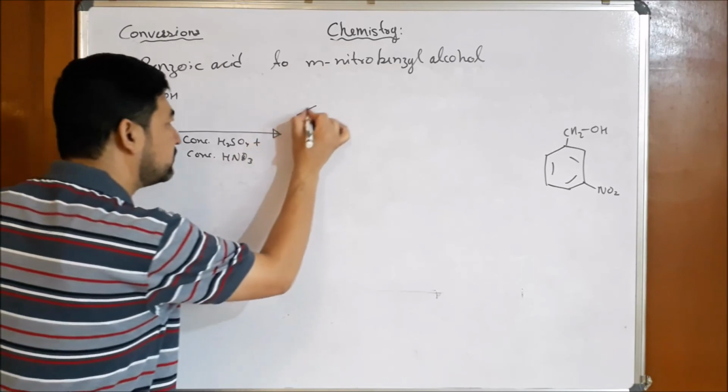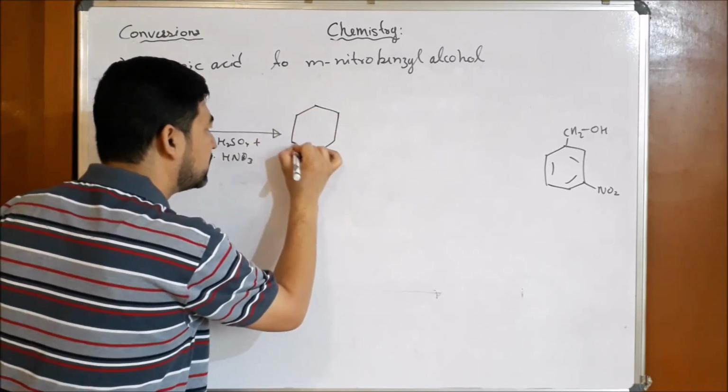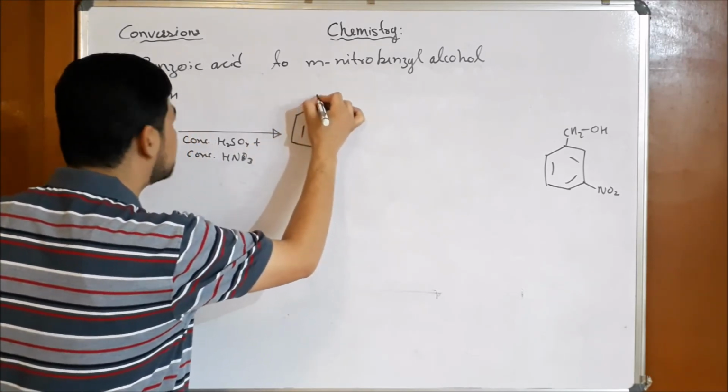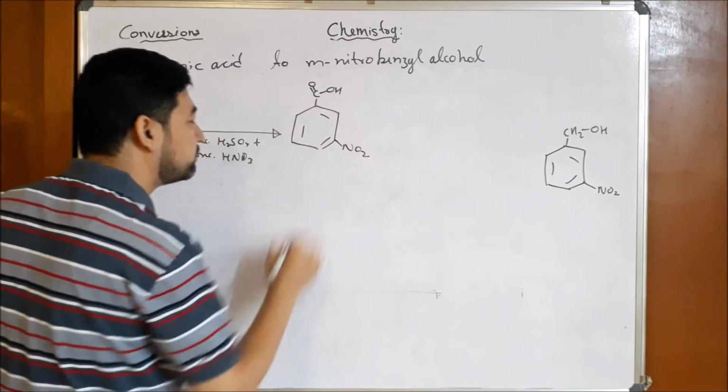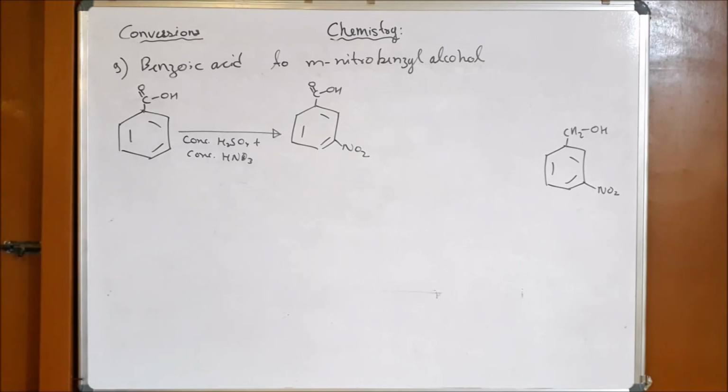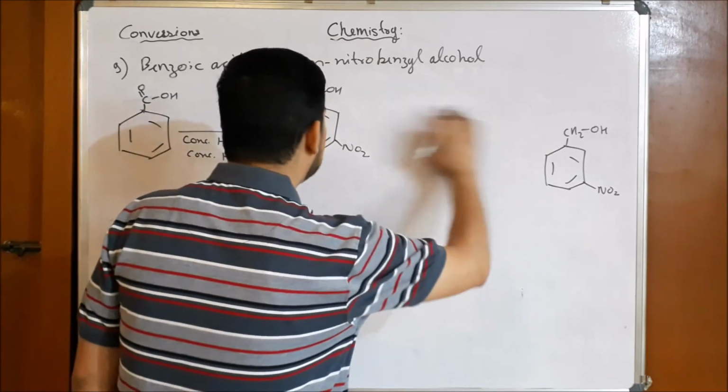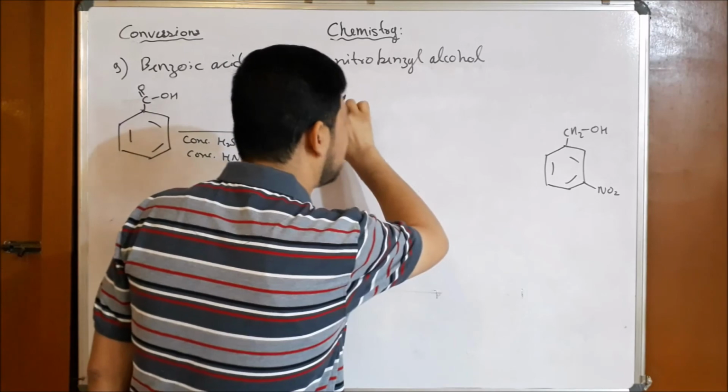When you do it, it will form the meta substitution product, with COOH and the nitro group here. The next problem is we have to introduce this CH2OH. This is a carboxylic acid, and this is an alcohol.